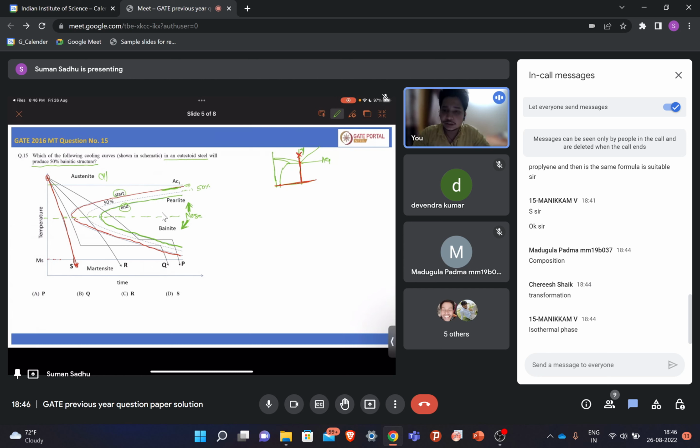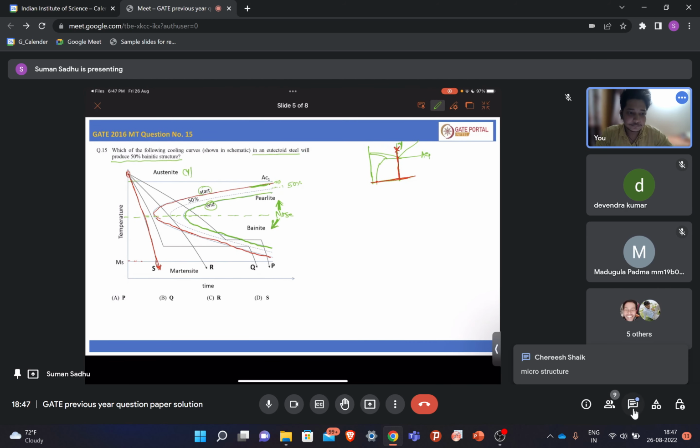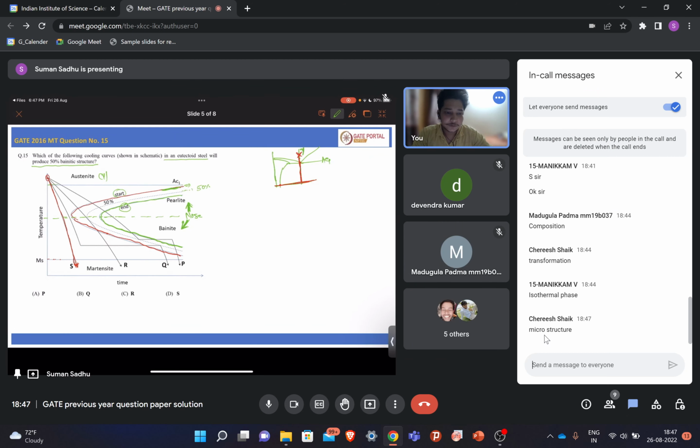What is the difference between pearlite and bainite? Both are mixtures of ferrite and cementite, right? But what is the difference? Okay, microstructure, right? But what kind of difference is there in the microstructure?